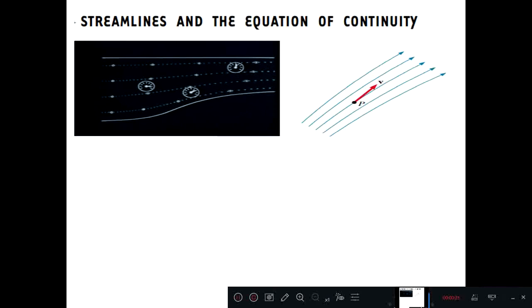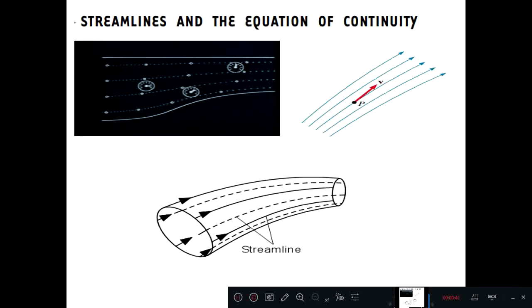The velocity of the particle is always tangent to the streamline, as shown in the figure, and a set of streamlines like the ones shown in this figure form a tube of flow that is called a stream tube. Note that the fluid particles cannot flow into or out of the sides of the tube. If they could, then the streamlines would cross each other.